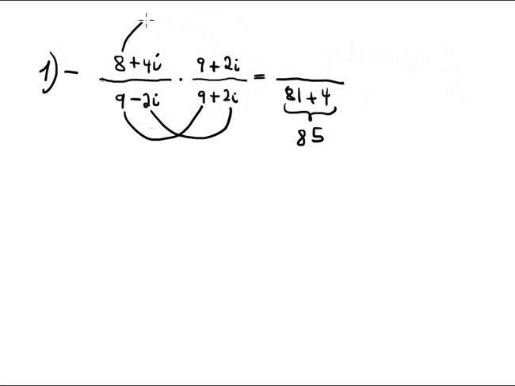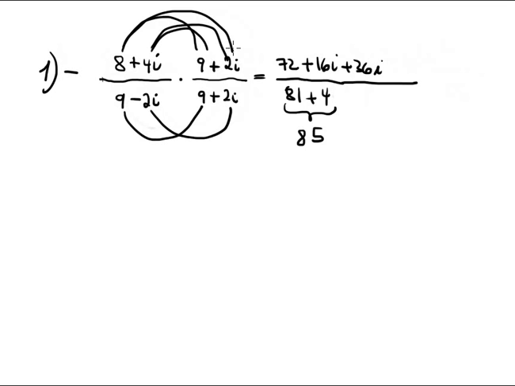In the top we have 72, 69, 36i, and finally is plus 8i squared.